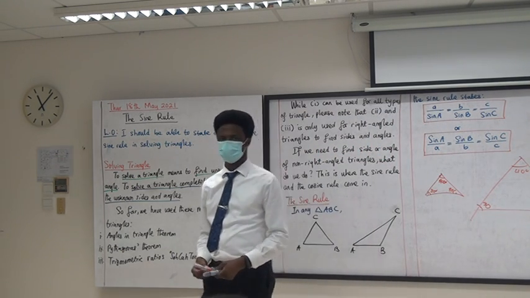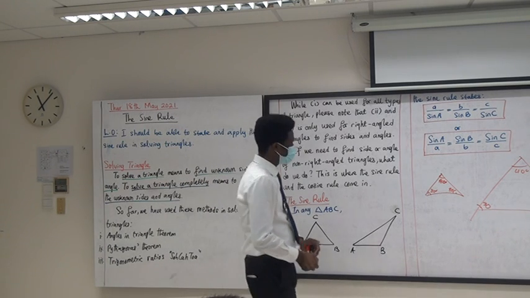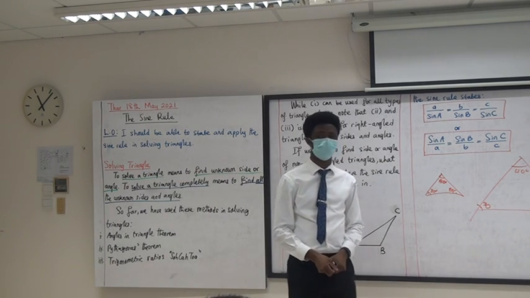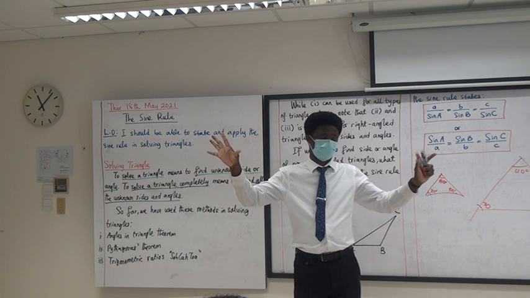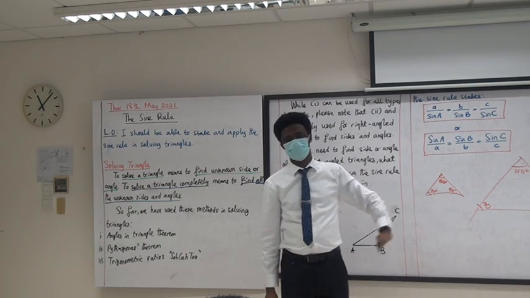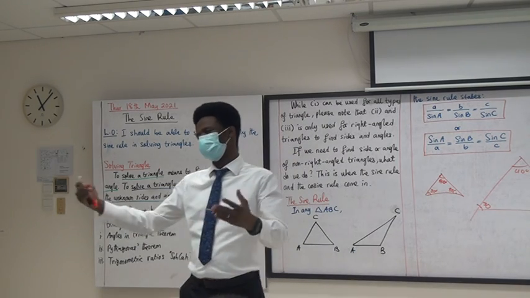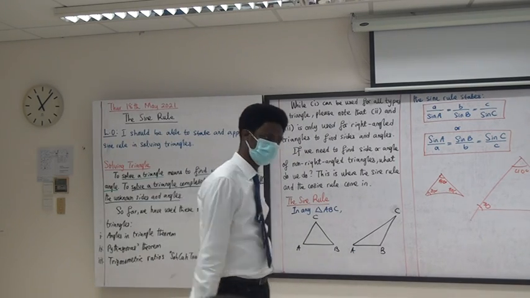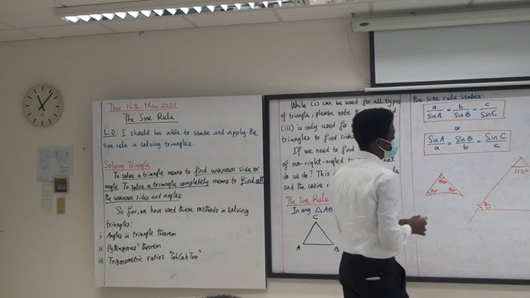That's not possible. So if all the angles are the same, there are infinitely many triangles. It's just enlargements. So that is the only thing you can never be given. You can never be given all the angles and be asked to find all the sides. But every other possibility is there.